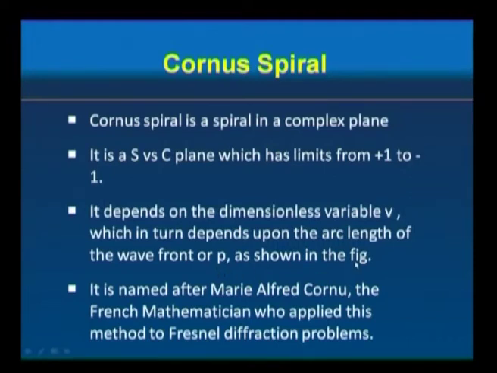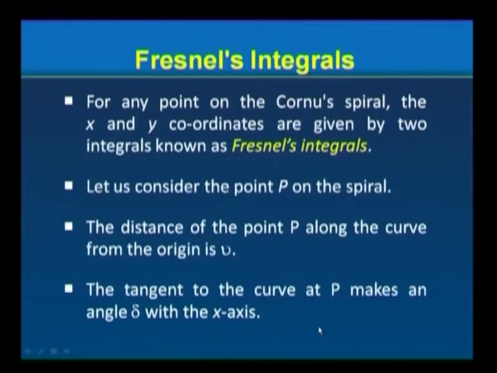It is named after Marie Alfred Cornu, the French physicist who applied this method to Fresnel diffraction problems. For any point on the Cornu spiral, the x and y coordinates are given by two integrals, named after Fresnel, the Fresnel integrals. Let us consider the point P on the spiral.